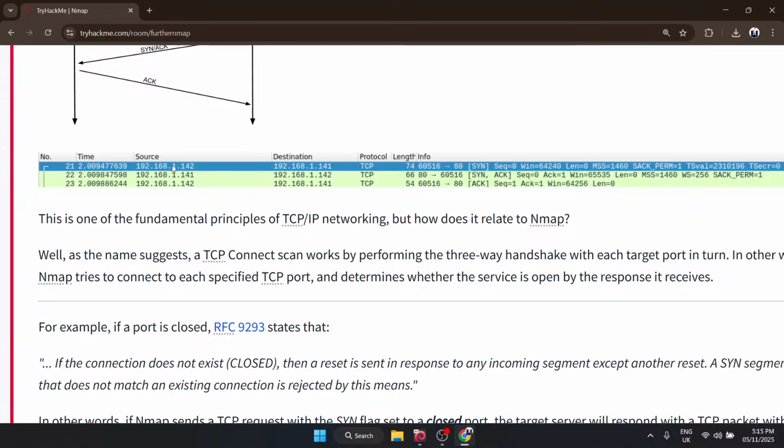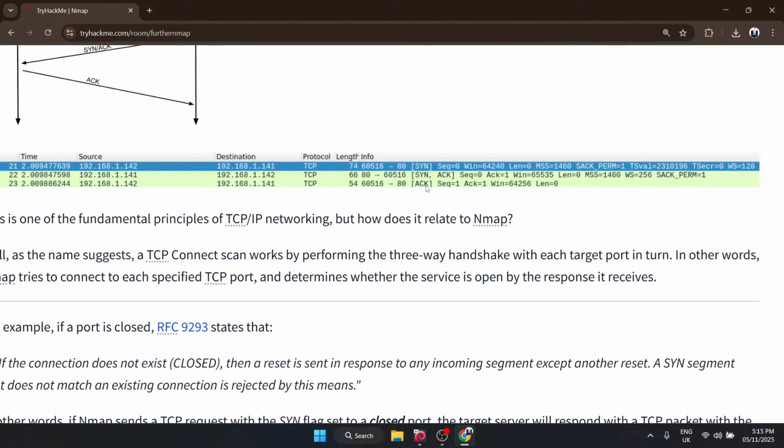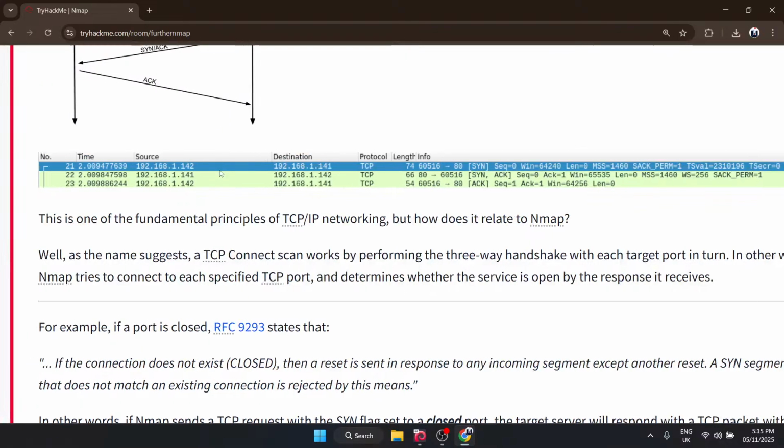Here you can see there is some source and destination, some timing of how much time difference there is in each data packet. Then the protocol being used is TCP. The SYN packet goes, then SYN-ACK is returned. Here you can see the source 142 is sending to destination 141.